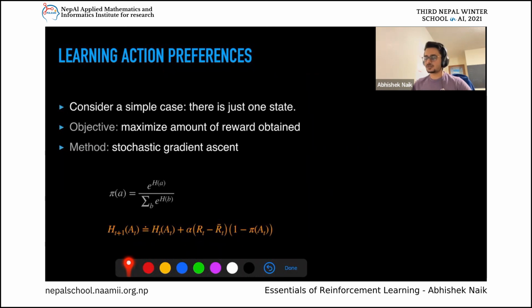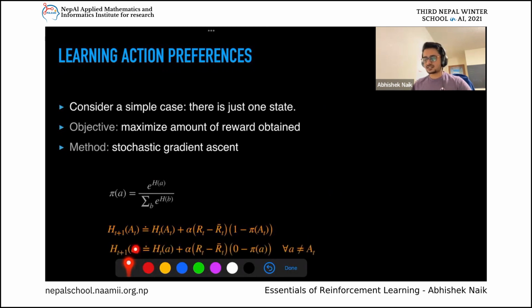So what will determine whether the preference increases is whether this reward difference is positive or not. Let's say that the reward you saw is better than the average reward you've seen so far. That seems like a good action, and you want to increase the probability of taking a good action. This rule would do exactly that. This quantity would be positive, you will add it to the old preference, and you will increase the preference for this action.